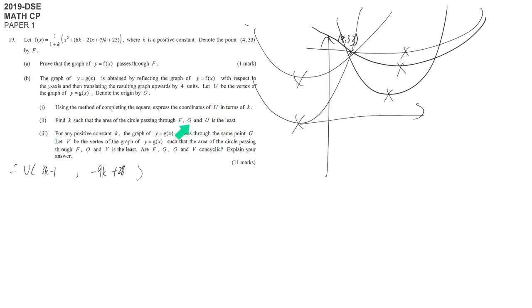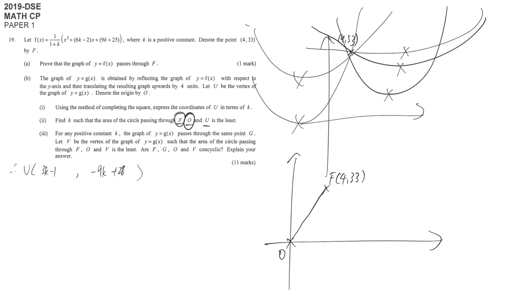To consider this one, F, O, U, the only fixed points among these 3 points are F and O, but U is not fixed yet, and you can choose a suitable one. That's why on the graph we have the origin, we have the (4, 33) point F.